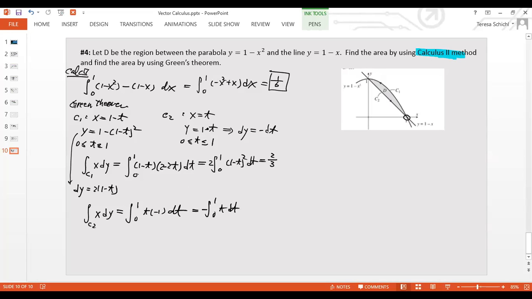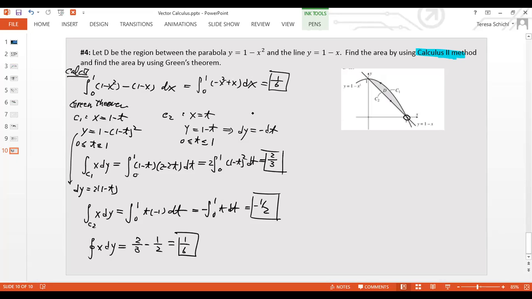So what I have here is negative 1/2. Now the whole integration of x dy will be equal to adding these two paths, 2/3 and negative 1/2. What is that? 1/6.